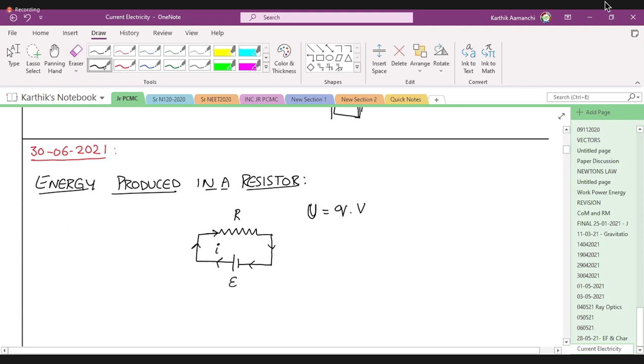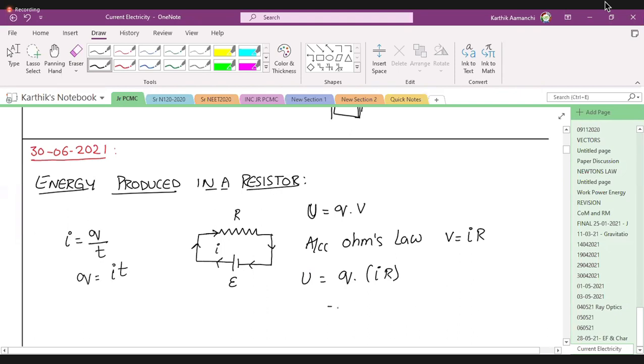Yes. So now the potential difference across your resistor, according to Ohm's law, your V is nothing but I into R. So your U will become Q into IR. Now I know my I is nothing but Q by t, so from that, Q is equal to I into t.